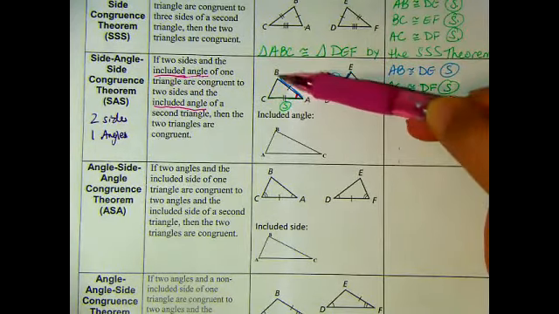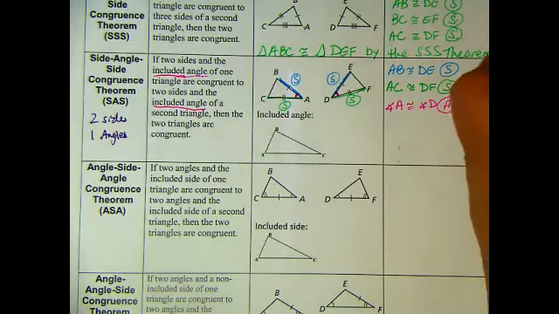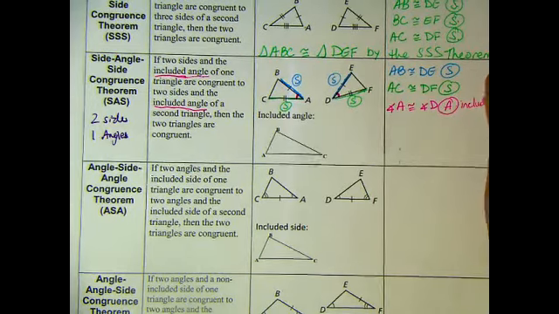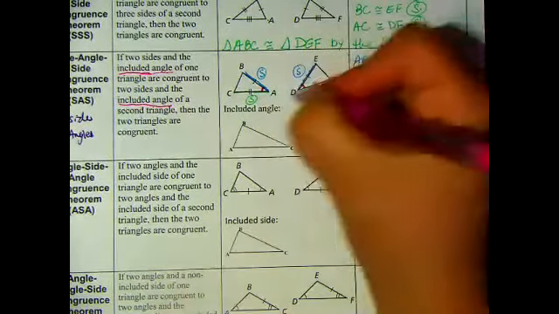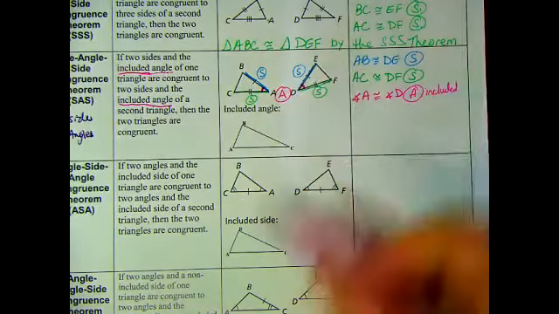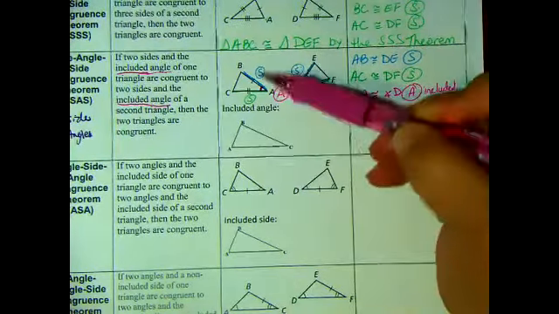Yes, it is. Is angle D the angle that's created by the two sides where they meet? Yes, it is. So this is my included angle, which means I have side, angle, side, side, angle, side.